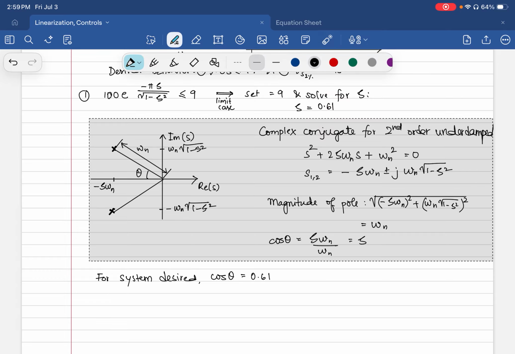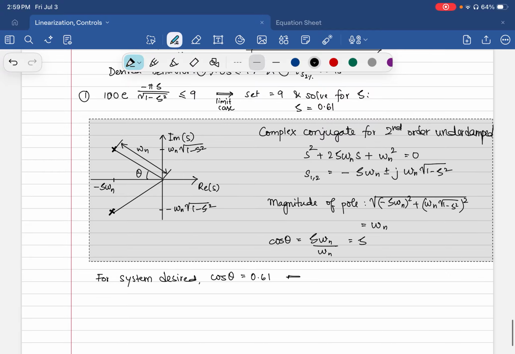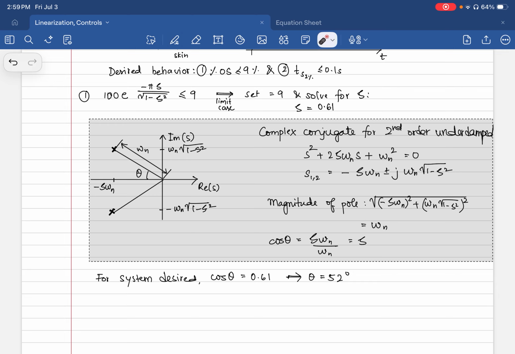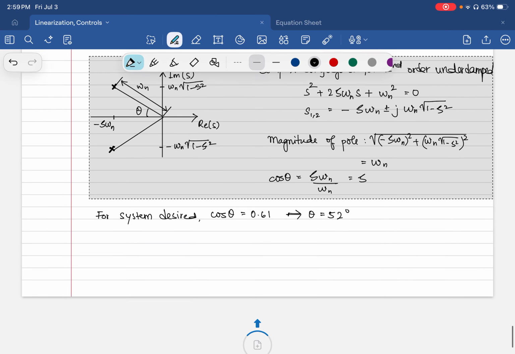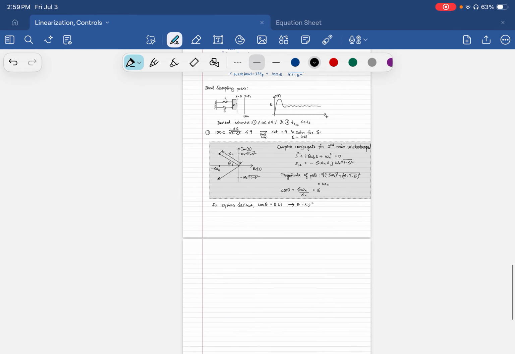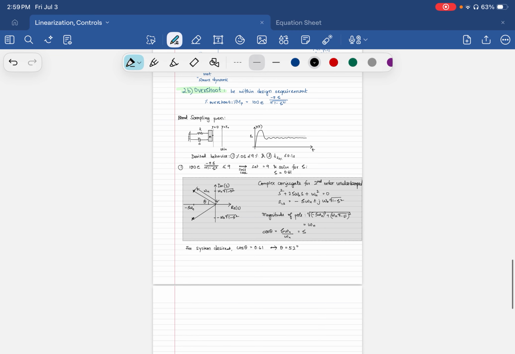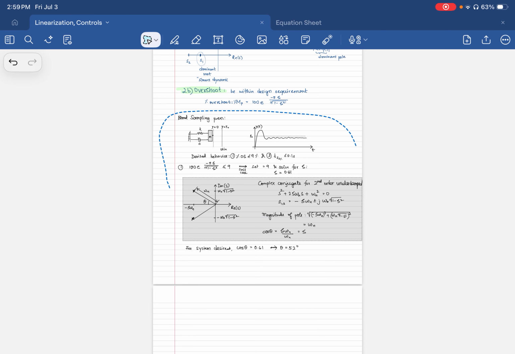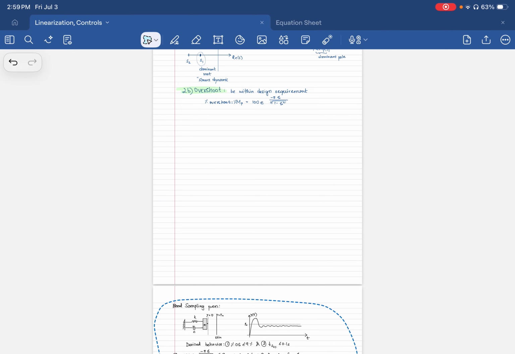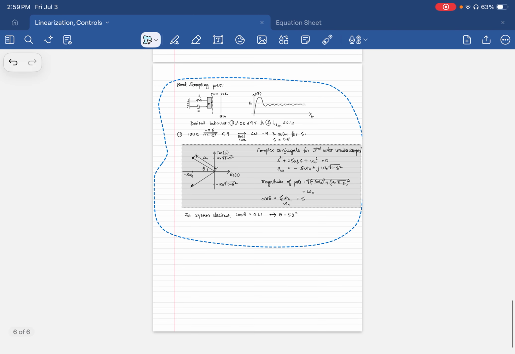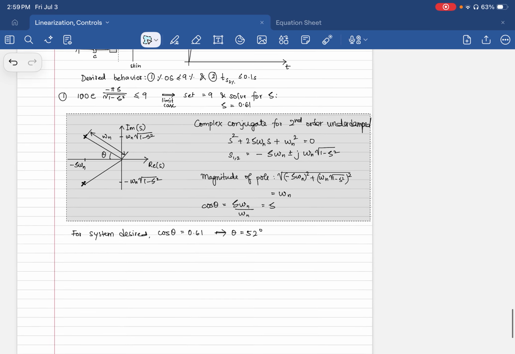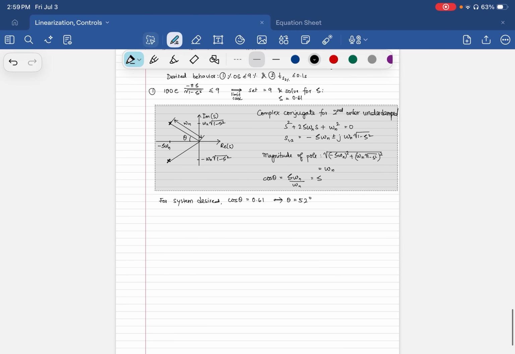So what is that theta? It's 52 degrees. How does that feature in our S-plane graph? I'm actually going to move this to another page. So we have theta is equal to 52 degrees.